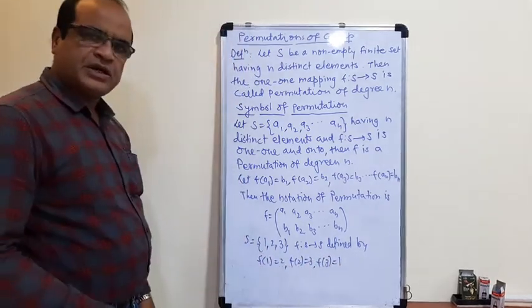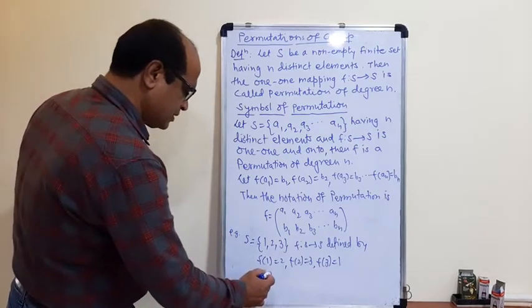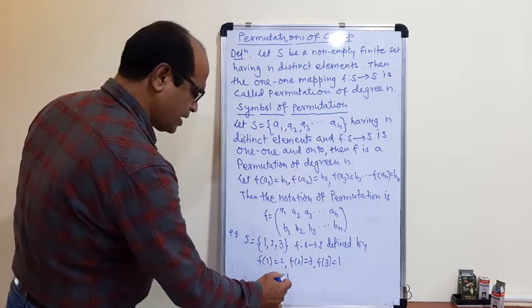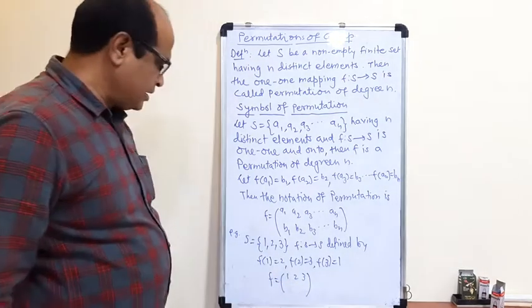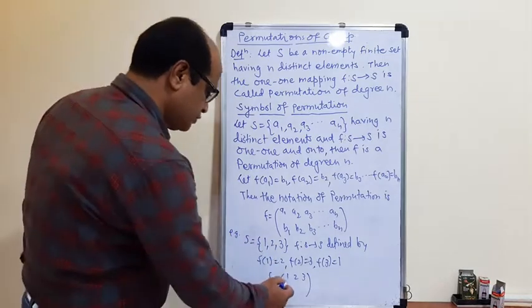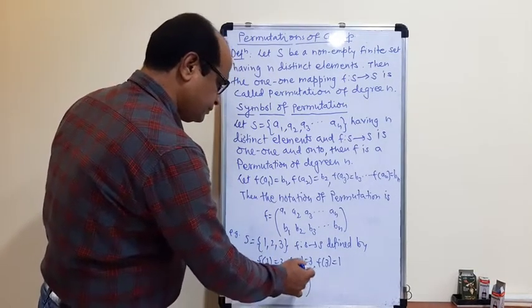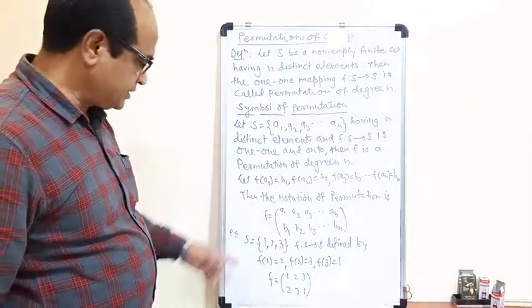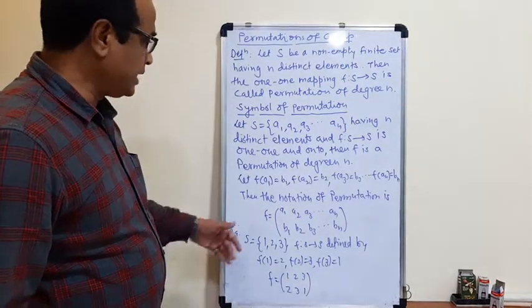Then what is the permutation? F is equal to, we write 1, 2, 3 on top. F of 1 is 2, F of 2 is 3, F of 3 is 1. So this is the example and the notation of permutation.